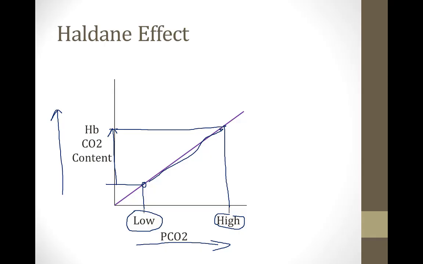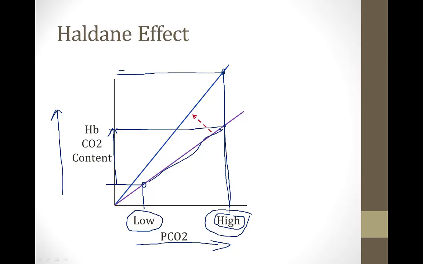However, just like with the Bohr effect, there is something called the Haldane effect, which shifts this curve. When you go to an environment like tissues where there's relatively low oxygen, you shift to the blue line that I've drawn right here. So now let's imagine again that we're in that high CO2 environment like the tissues. Well, instead of stopping at the purple line, we can move all the way up here on this blue line, which corresponds to a much higher level of hemoglobin saturation with carbon dioxide.